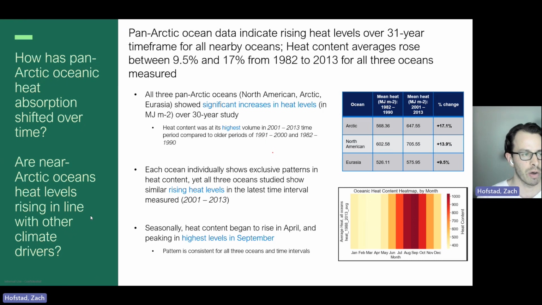So now that we know that all 3 oceans showed rising heat levels, we wanted to also quantify what those levels were over time.